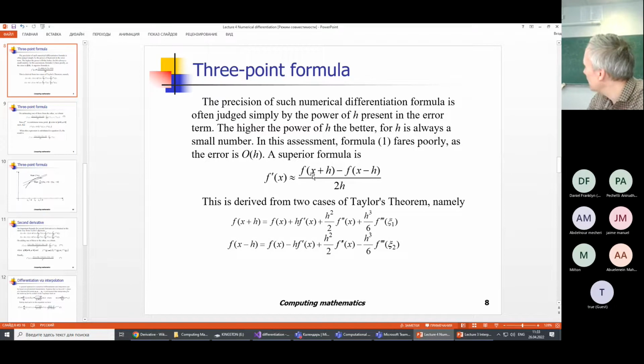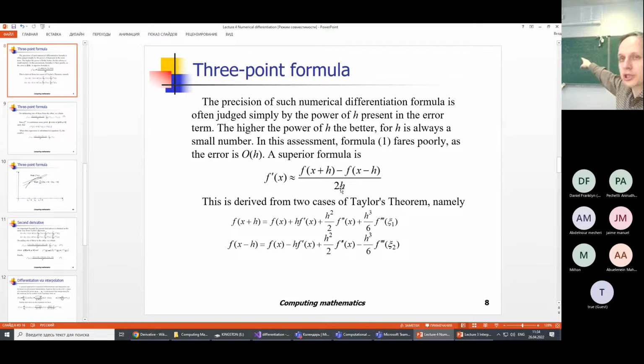If we consider x equals to x1, we have x1 plus h equals x2, x1 minus h equals x0. We have f2 minus f0 over 2h. Again, we derive the same formula from another approach.